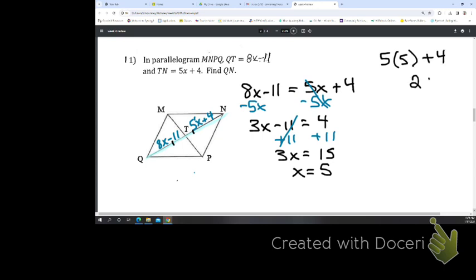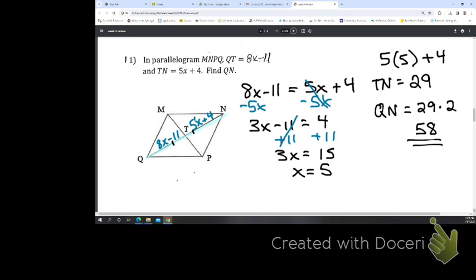So that gives me 29. Now that 29 is TN, right? Is that what we're looking for? No. Ah, yes. So then QN, I need to do 29 times 2. QN would be 58.